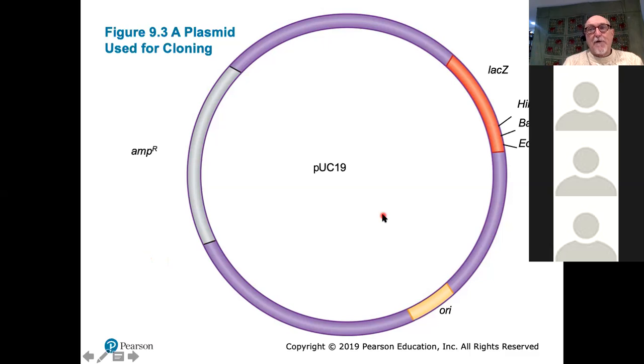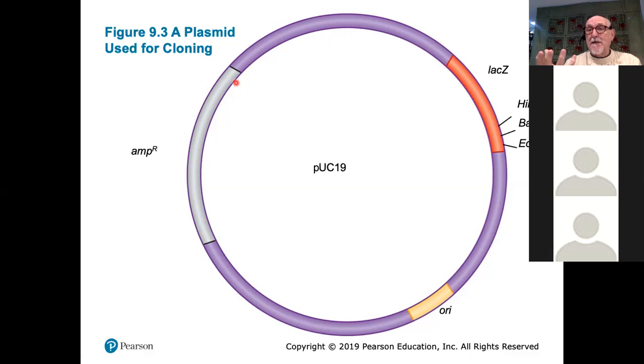We have to check, first of all, whether we have put our plasmid into the bacterium successfully. That is the utility of this resistance gene here. This ampicillin resistance gene is a marker for us. For example, E. coli is not normally resistant to ampicillin. It won't grow on an ampicillin plate.